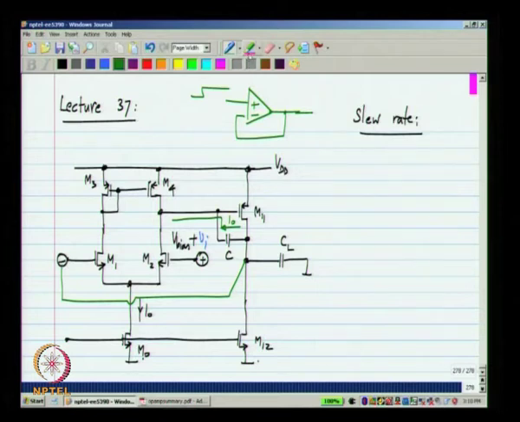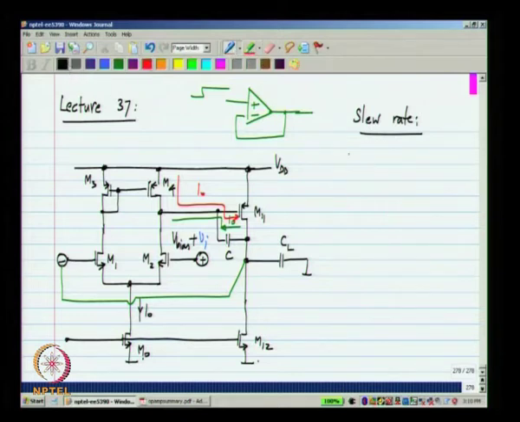Now, similarly, for large values of negative V I, that is large and negative, all of the current will flow through M1 and nothing will flow through M2, and there is a current I naught that can go in that direction. So, what is the rate of change of the output voltage?